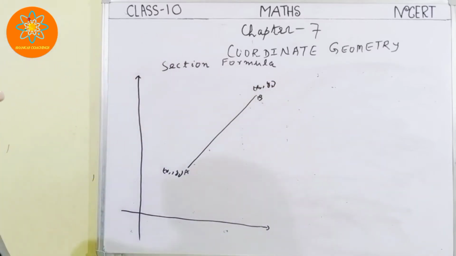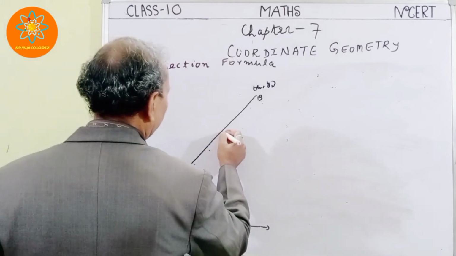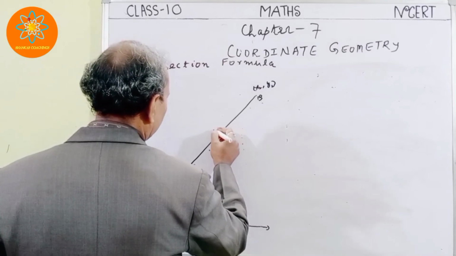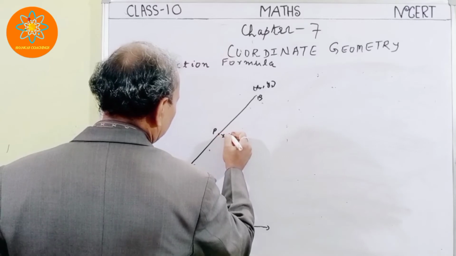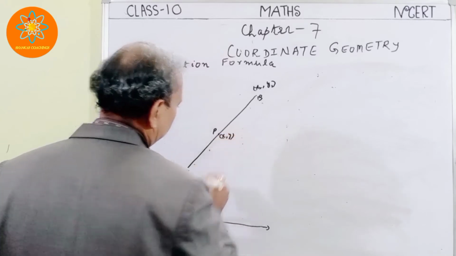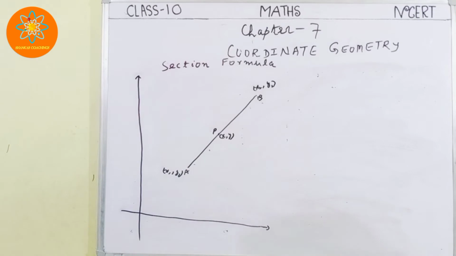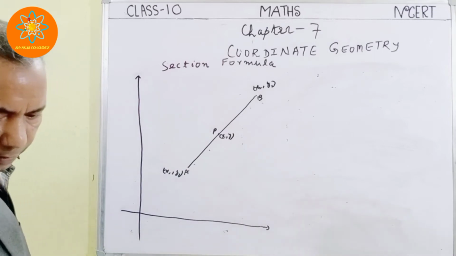Let's suppose somewhere the point P is here and its coordinates are (x, y). This is point P.